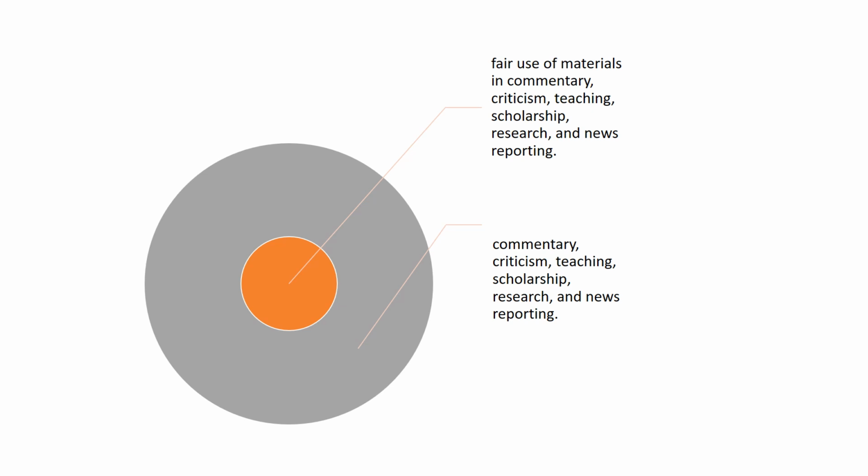So not every use of copyrighted materials in criticism is fair use, okay? All fair use of materials for commentary, criticism, teaching, scholarship, research, and news reporting, okay, all of them belong to the subcategory of commentary, criticism, teaching, and so on, okay?